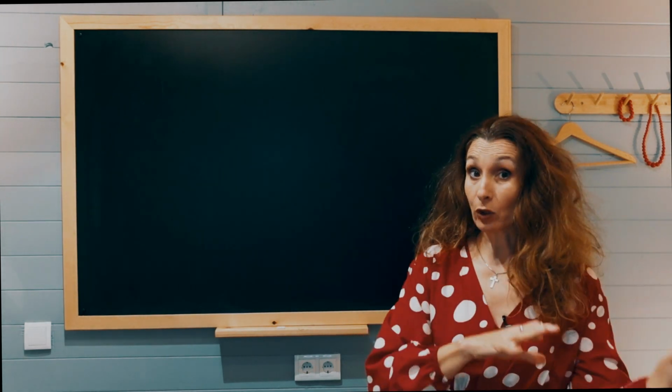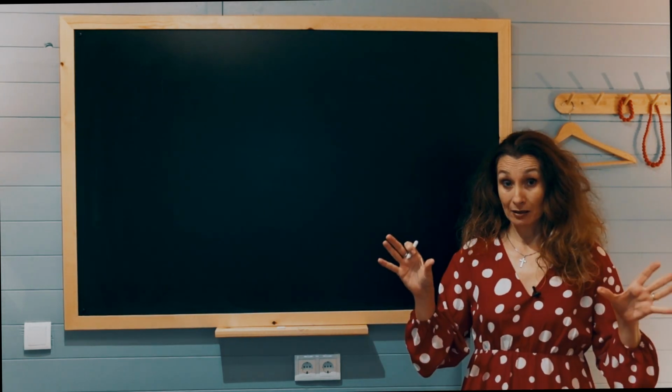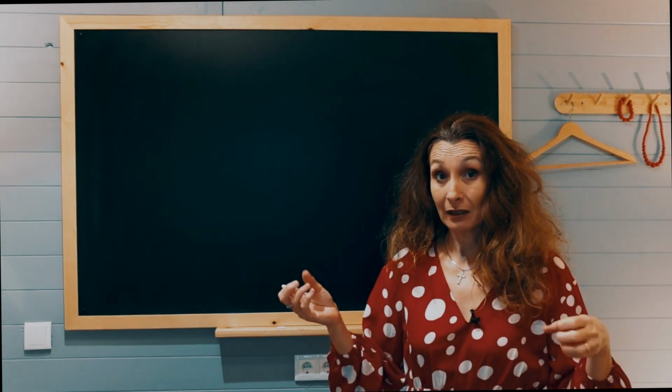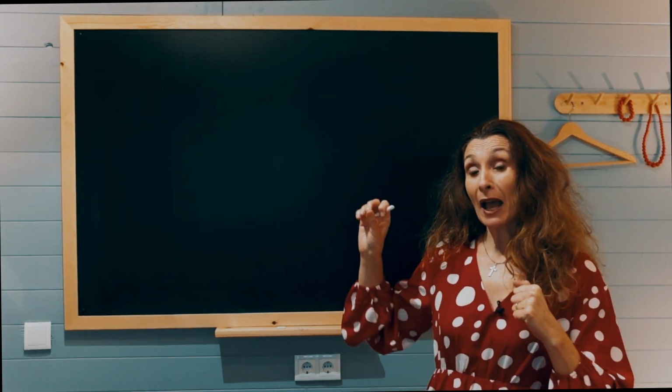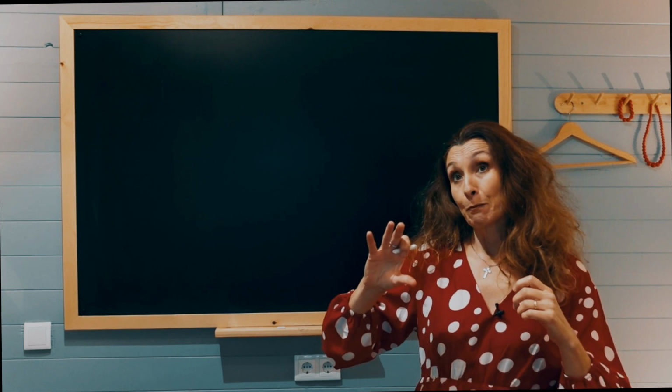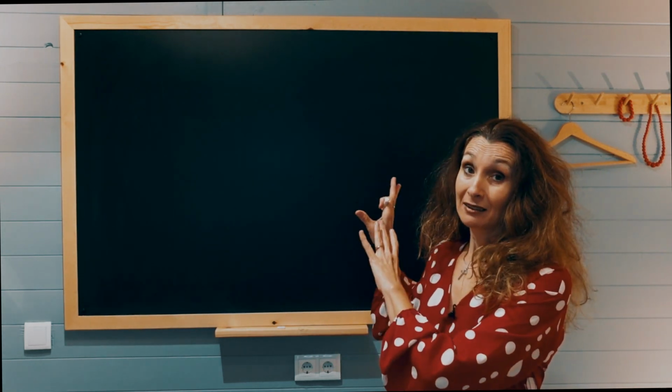So we've talked a lot about the gender and how Spanish nouns always come with a gender. They're either masculine or feminine, and this is very obvious in today's lesson.